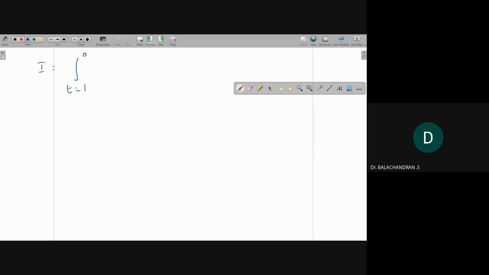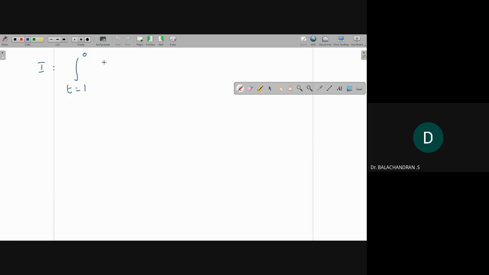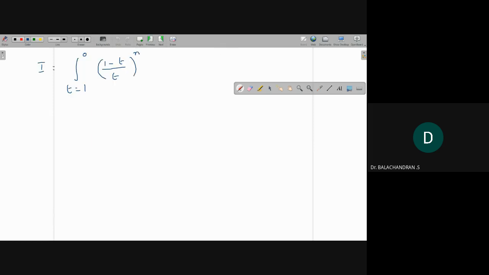Now I need x power m minus 1, but the power is m minus 1, so it is (1 minus t divided by t) whole power m minus 1 divided by n.